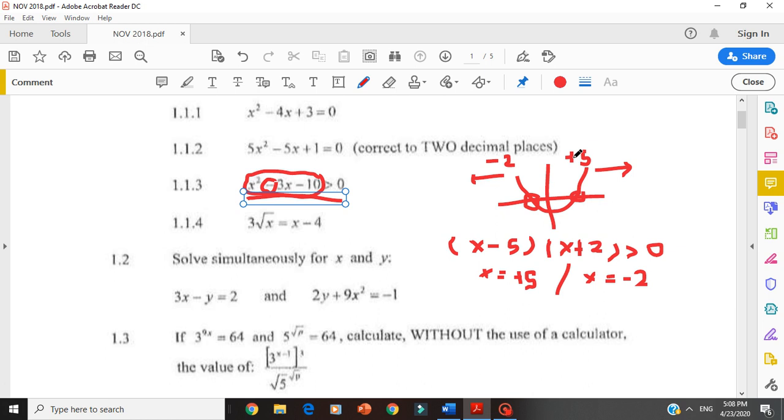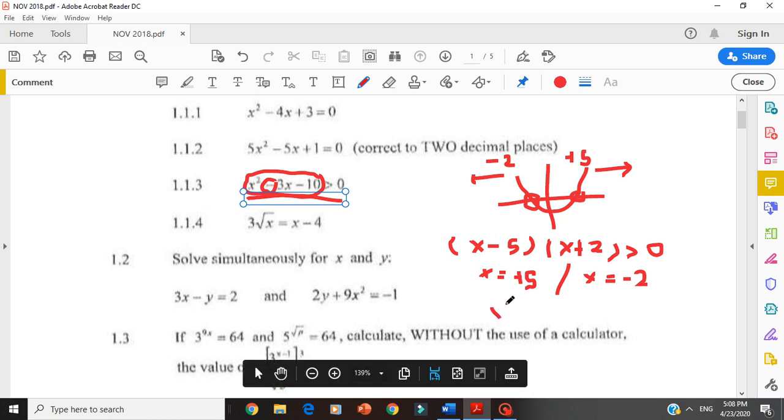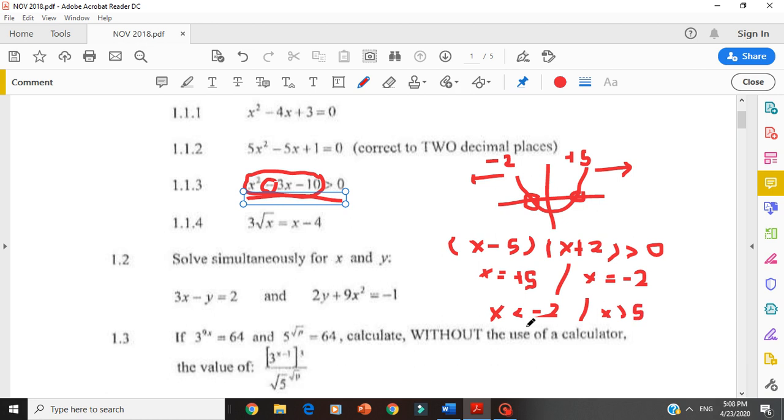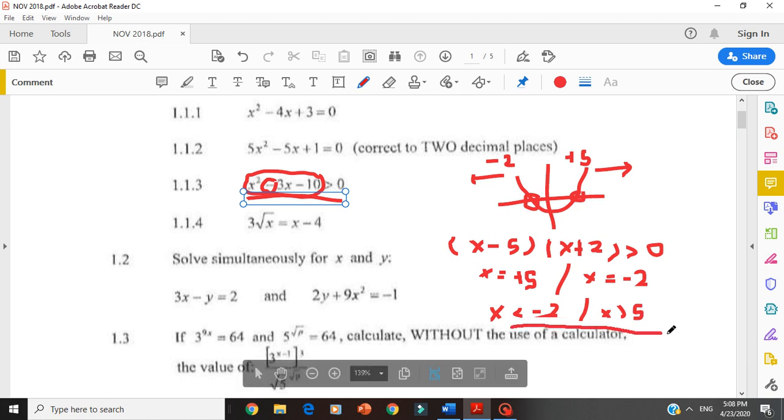And so now you know your answer is x less than minus 2 and x greater than 5. It's not or, sorry, that will be and. So you must include both these answers.